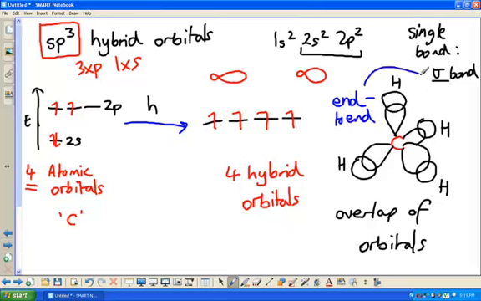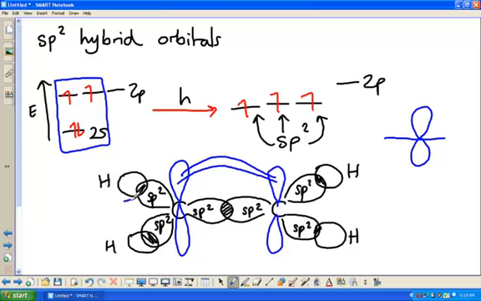That's what we have when we have a sigma bond. So all these, end to end, end to end, end to end, these are all sigma bonds. This one though, what gives each carbon its 4th bond, isn't end to end overlap, this is side to side overlap, and that's called a pi bond.